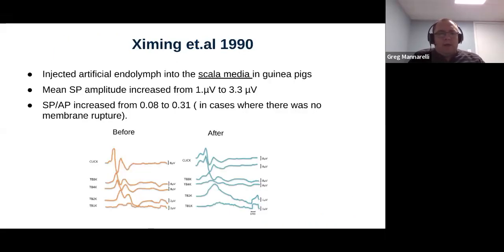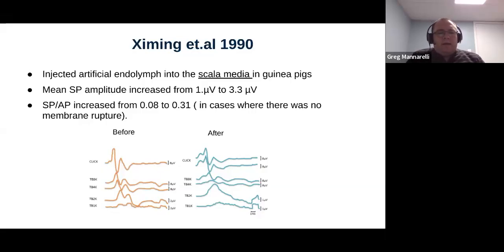This is another, more recent study that looked at changing the endolymph pressure in the scala media rather than the scala tympani. It shows that the mean amplitude increases somewhere between 1 microvolt and 3.3 microvolts. As I said before, the absolute amplitude responses can be quite variable.